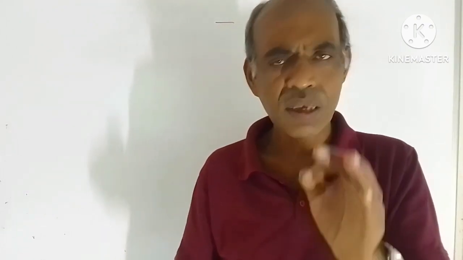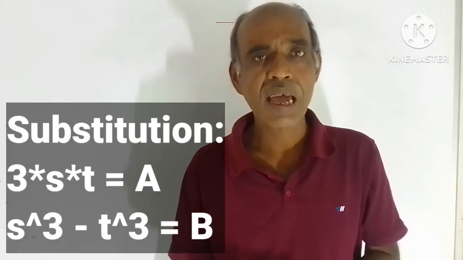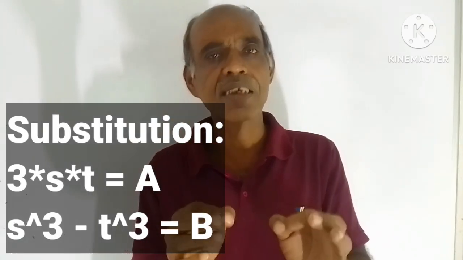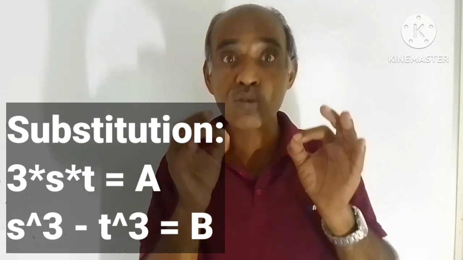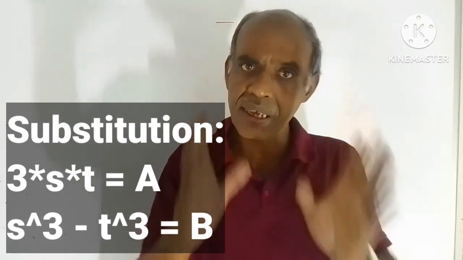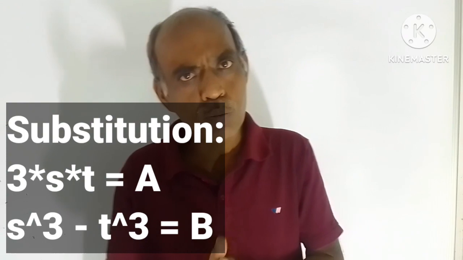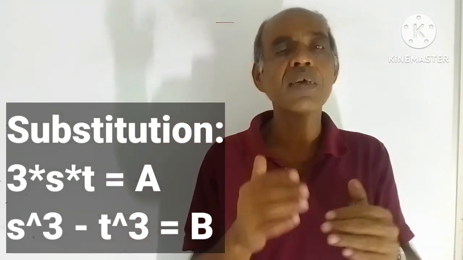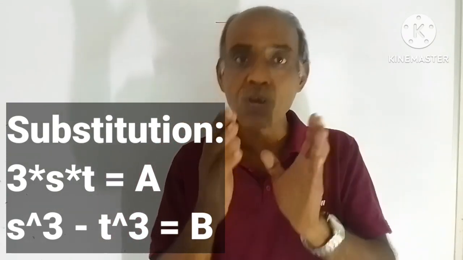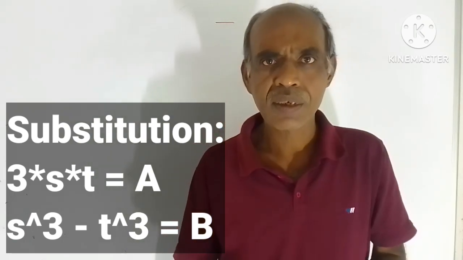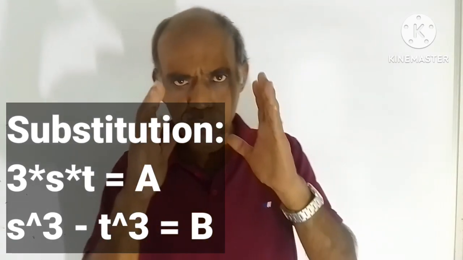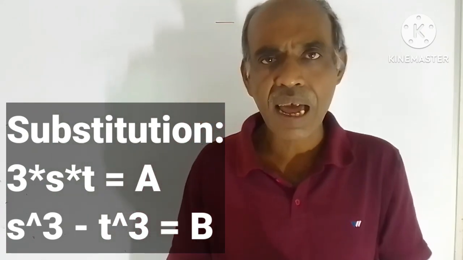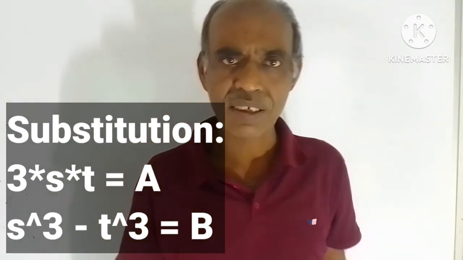Anyway, if this be the form, y cube plus capital A into y is equal to capital B, then you make another substitution: 3 into small s into small t is equal to capital A, and small s cube minus small t cube is equal to capital B. If you take this substitution, then you can easily solve for s and t.